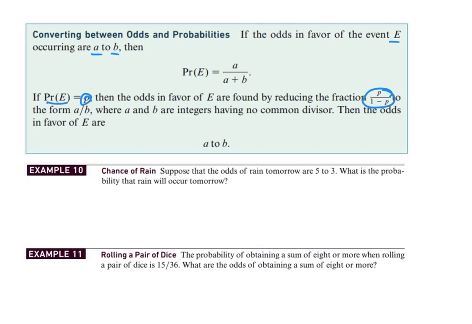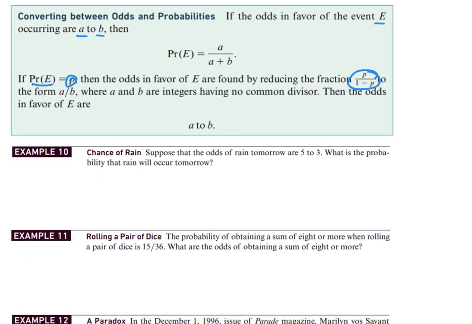So let's do example 10. Suppose the odds of rain tomorrow are 5 to 3. What is the probability that rain will occur tomorrow? That means we could say there are 5 chances that it will rain, and 3 chances of no rain.